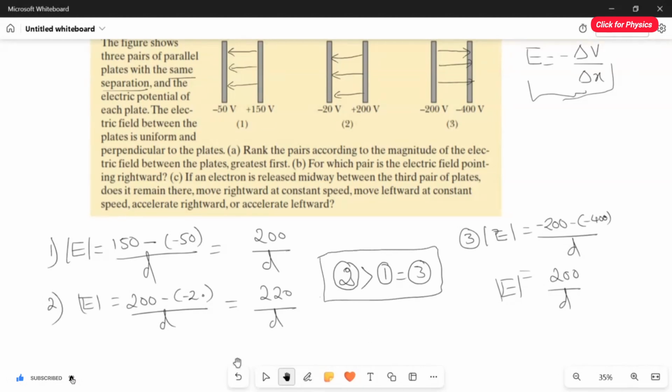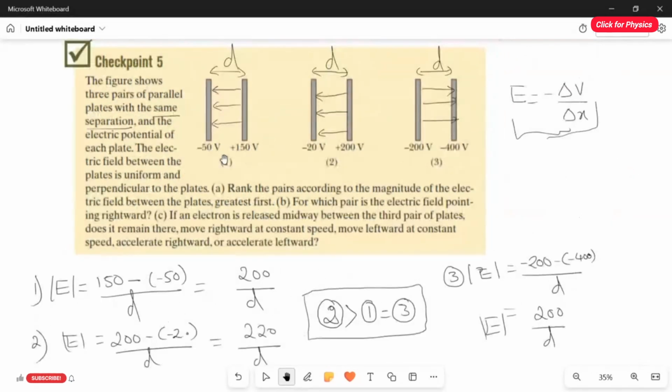Clear? Now in the second part B, in which pair does the electric field point rightwards? You can see that in the first pair the electric field lines point in the leftward direction. In the second diagram also it is leftward, but in the third the electric field is towards the rightward direction. So for part B, which pair has the electric field pointing rightwards? The third pair, am I right?